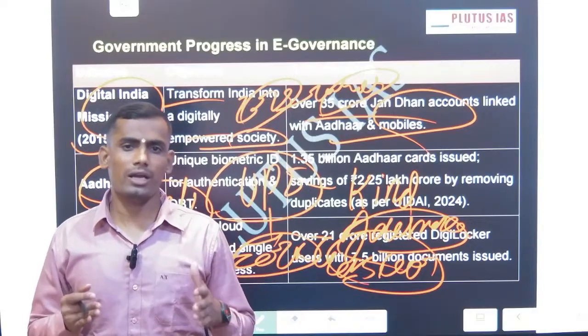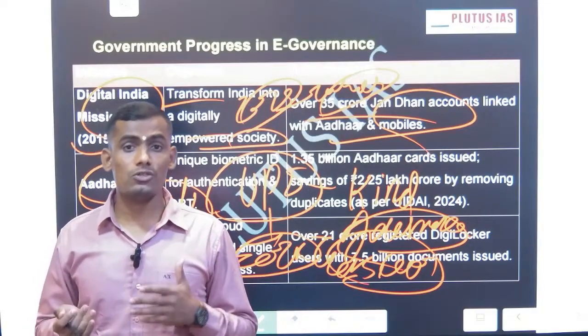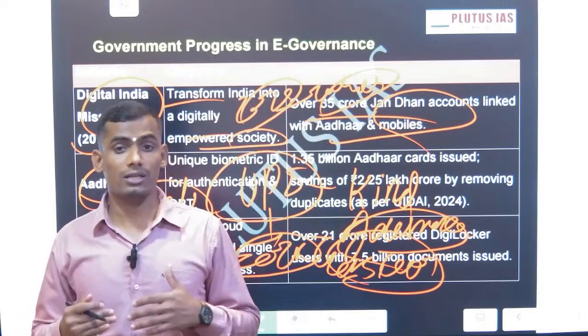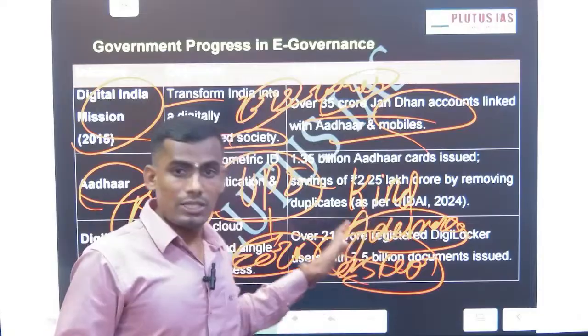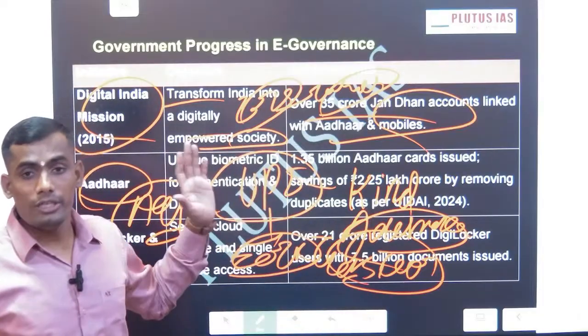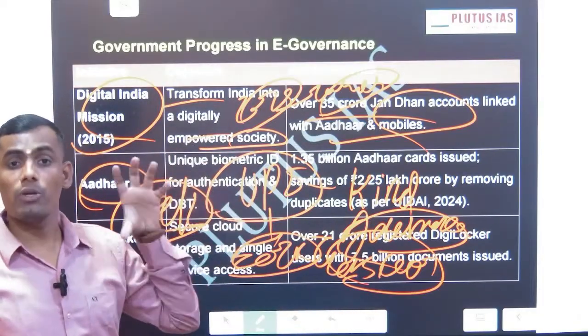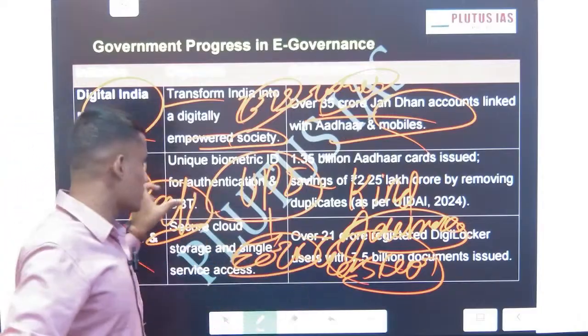Everywhere Aadhaar is required, but that Aadhaar is not in physical form, it is in digital form. So Aadhaar is one of the best examples of how e-governance can make effective, inclusive decision making.